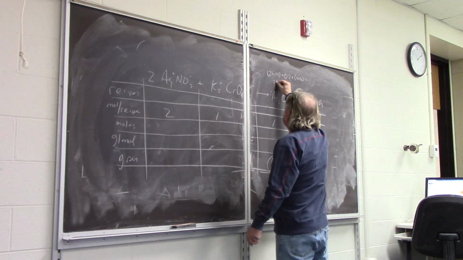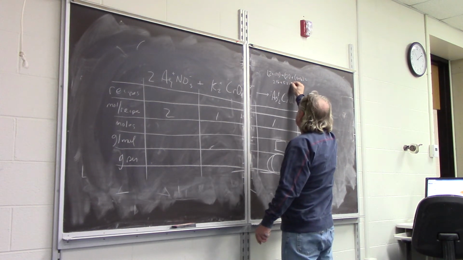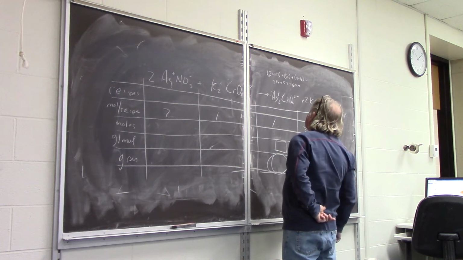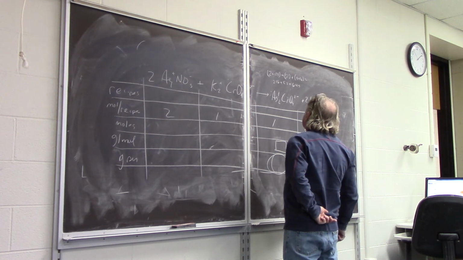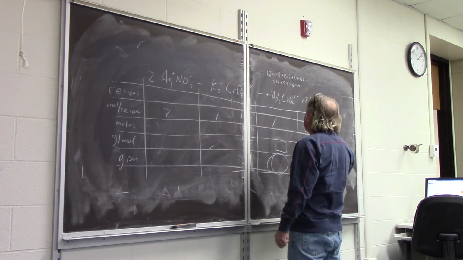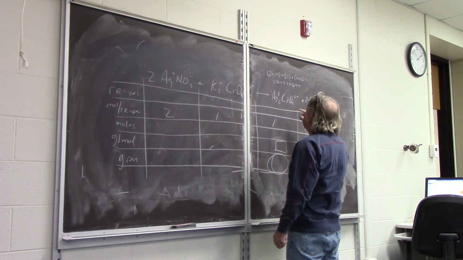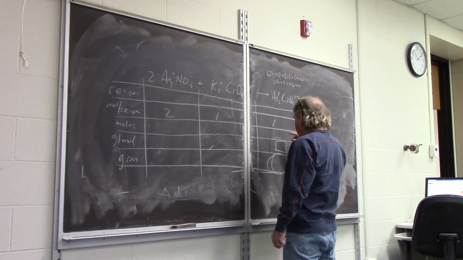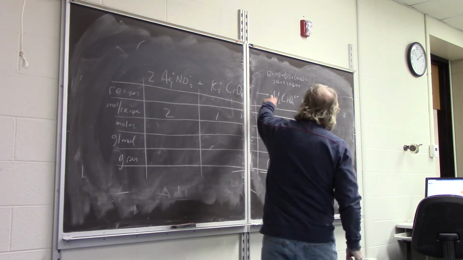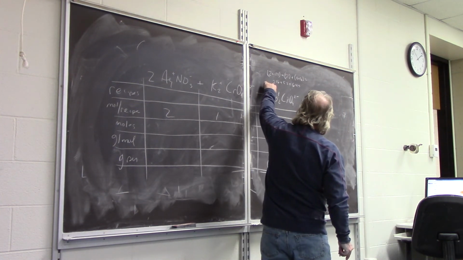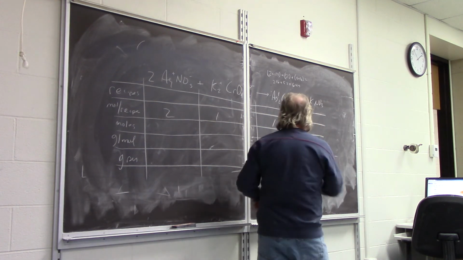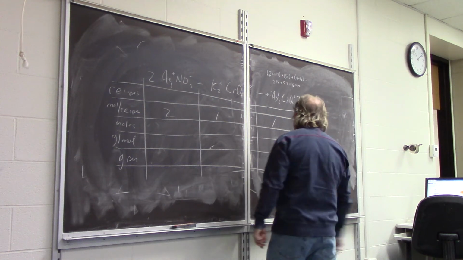You get 216 plus 52 plus 64, which is 332. What's the molar mass of silver chromate? 332. Okay, I thought he said 32.